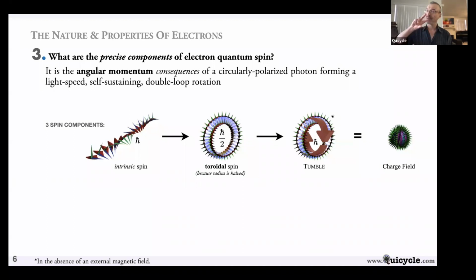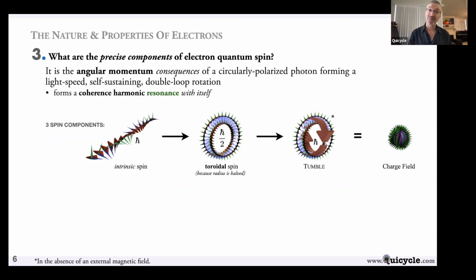And also we have to understand that as that photon wavefront moves around that toroidal structure, it has an intrinsic rotation, which is going to cause that whole ring-shaped structure to tumble in that third dimension, and that will yield a spherical symmetry. As we see, the charge field on the far right is the overall consequence of those movements together, yielding a spherically symmetrical charge field.